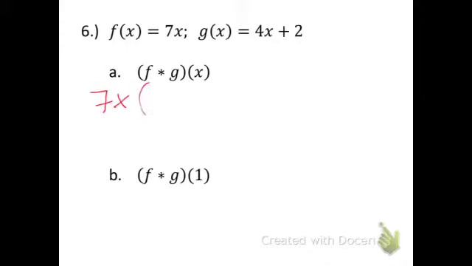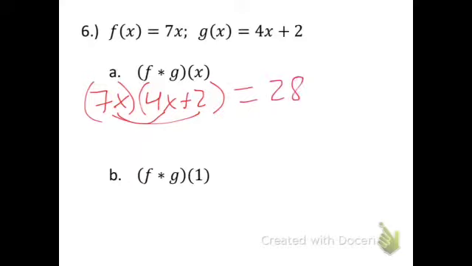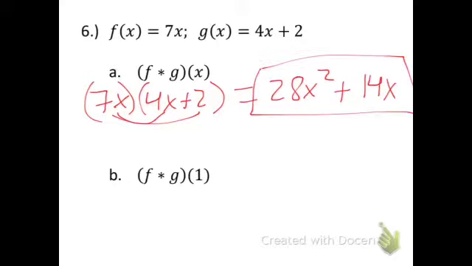Get 7x in there. And then 4x plus 2. Distribute your 7x through to get 28x squared plus 14x. And now we gotta take 1 and plug it into both of the x's there.